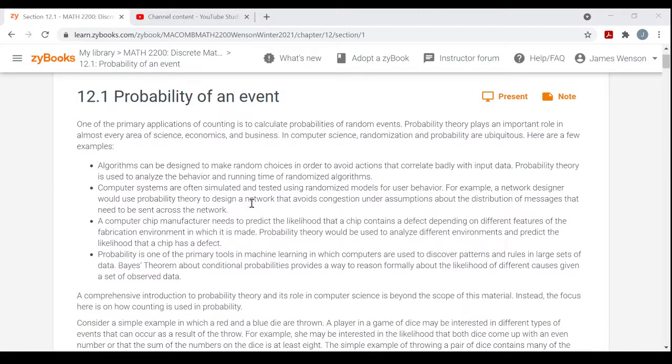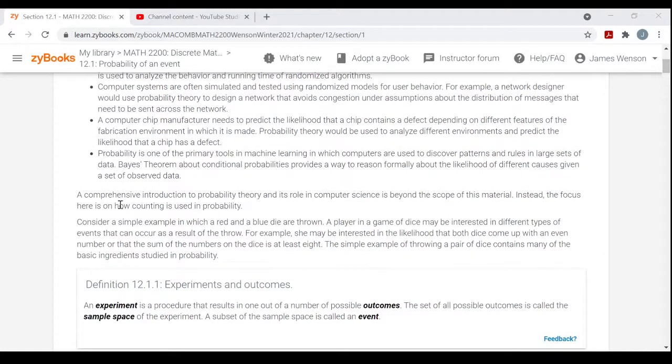You can read these examples, because a comprehensive introduction to probability theory and its role in computer science is beyond the scope of this material. So we're not covering it. Instead, the focus here is on how counting is used in probability, to tie it back to the previous couple chapters.